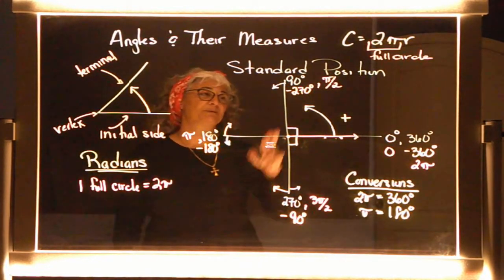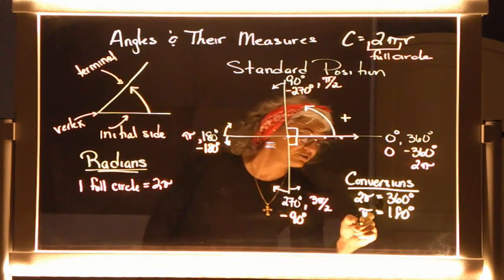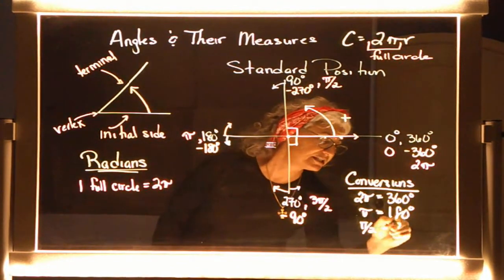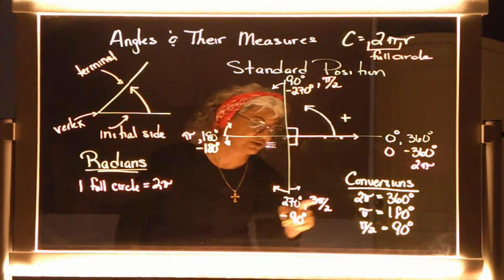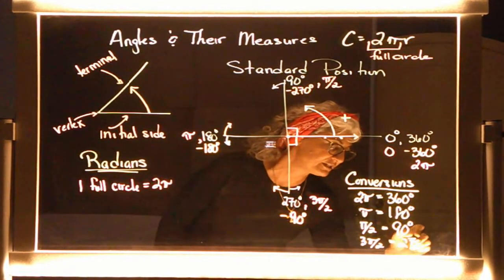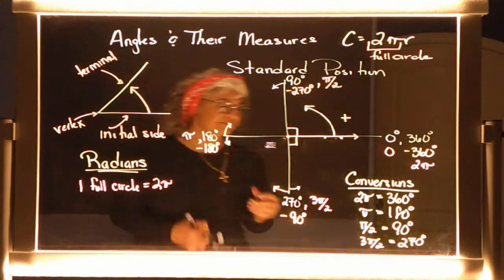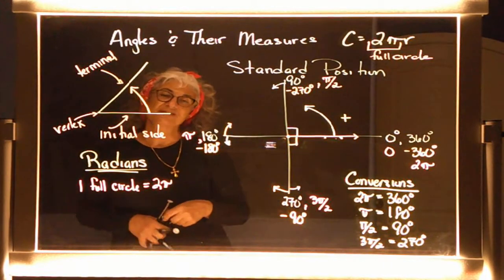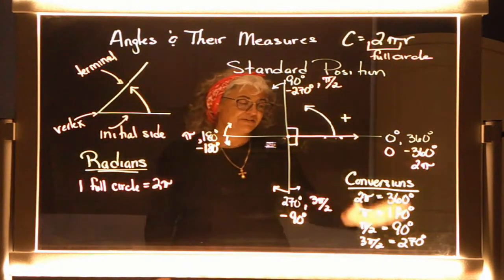Based on other labeling, I know that pi over 2 is equivalent to 90 degrees, and I know that 3 pi over 2 is equivalent to 270 degrees. Now, when we start converting, I've got these 4 conversions.